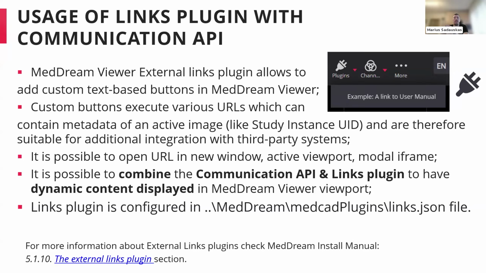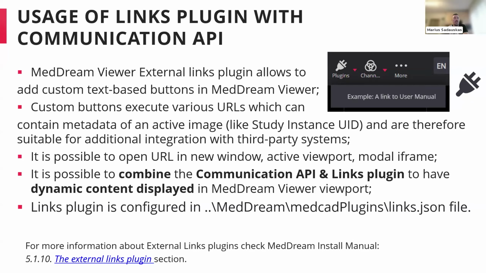But also what is important is that with this external links plugin, you can actually have your system integrated into the MedDream Viewer. So with the combination of the communication API and links plugin, you could have dynamic content displayed in the MedDream Viewer viewport. Don't worry, I will also show you when we go through the examples.